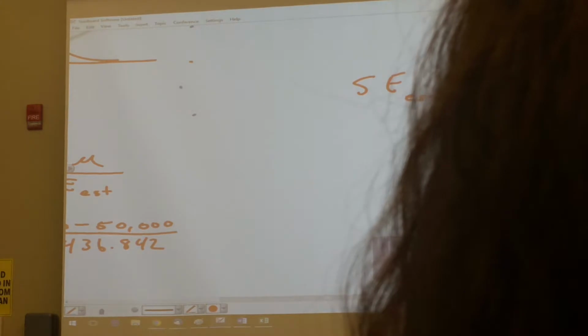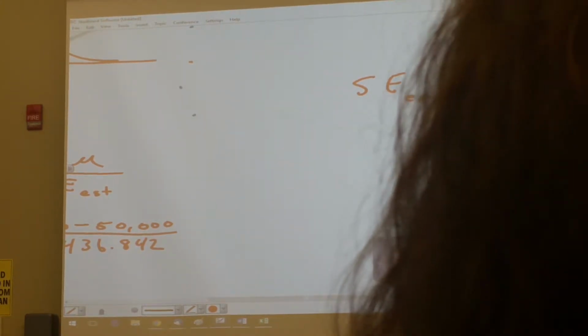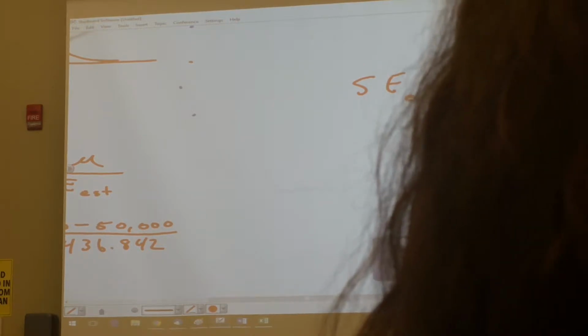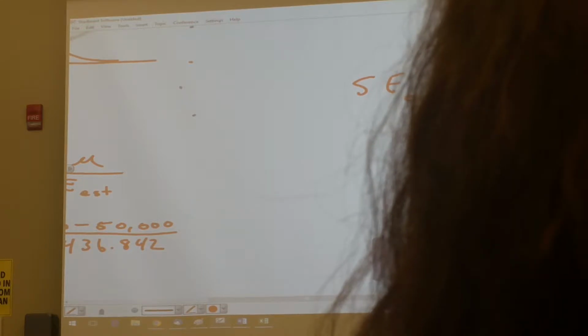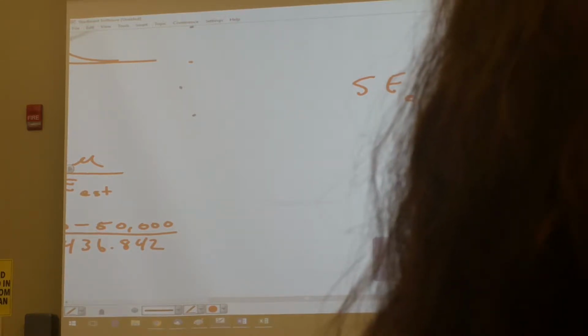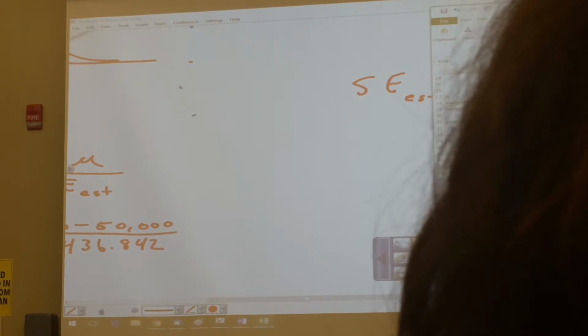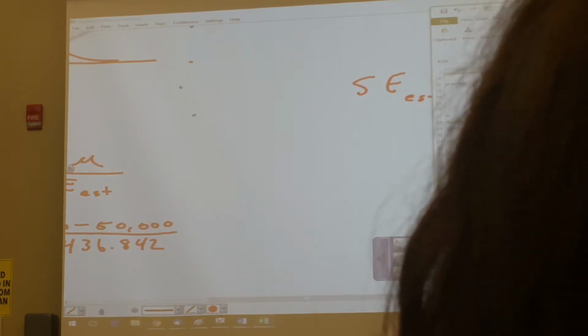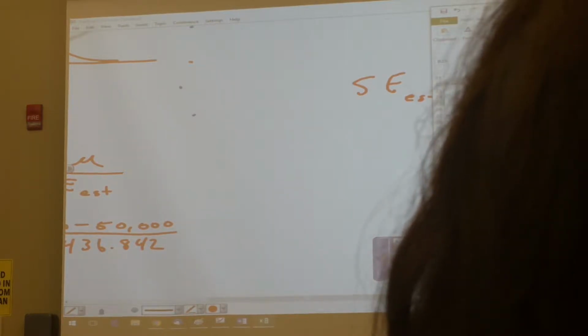That is the sample standard deviation, divided by the square root of the count, n. So I'm going to go back and pull up my Excel spreadsheet.